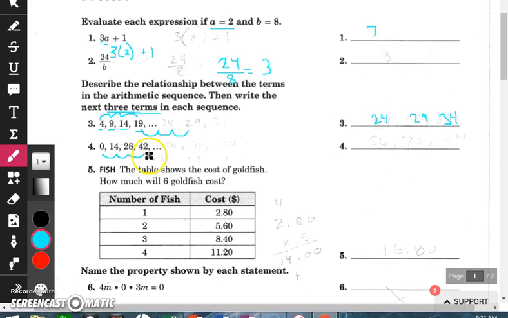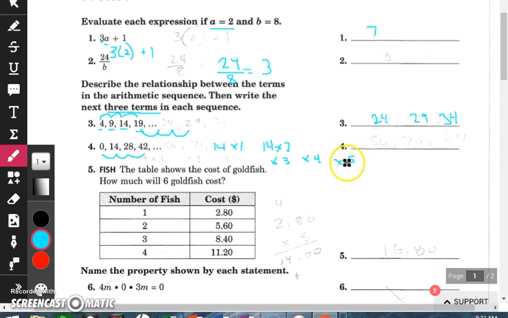You can see this as adding by 14 or skip counting by 14, the multiples of 14. So 14 times 1 is 14, 14 times 2 is 28. The pattern is basically multiples of 14, so times 3, and then times 4, and then times 5.